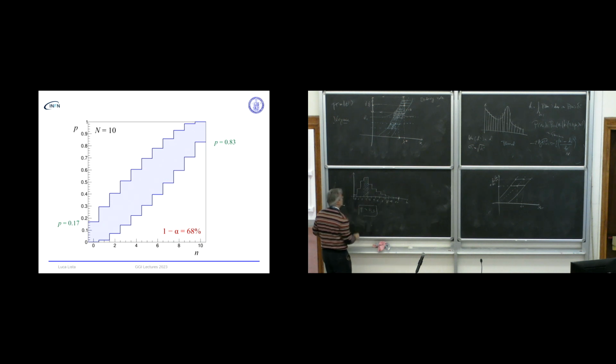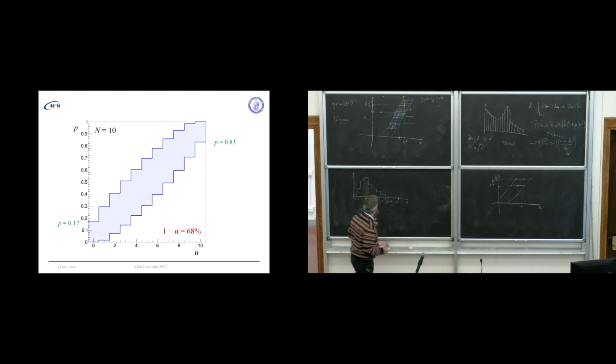And now how do I build a 68% interval? Unless I'm very lucky with the choice of the parameter, there will not be a precise way to define an interval that contains integer values that exactly guarantees the coverage I expect. How can I proceed?